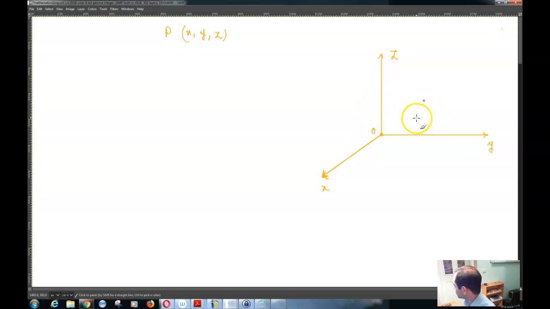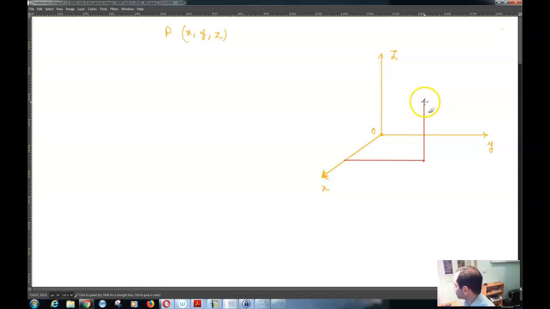If you want to do that, you need to drop a perpendicular, for example to the XY plane, and then you can draw a line parallel to the y-axis, which would be this thing over here, and that would be perpendicular to the x-axis.